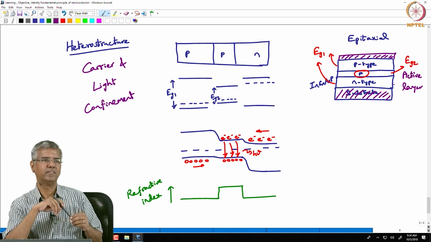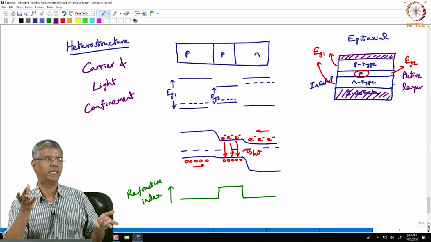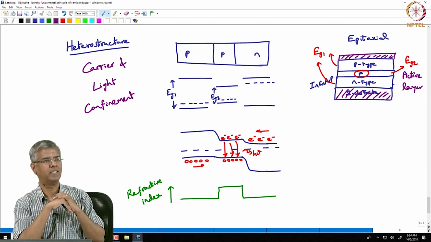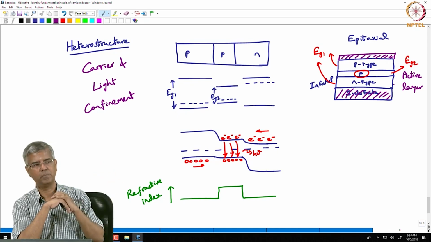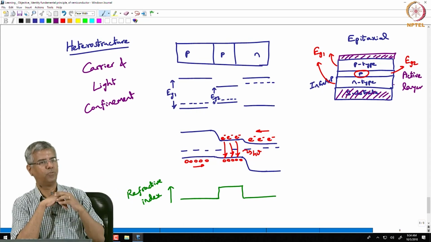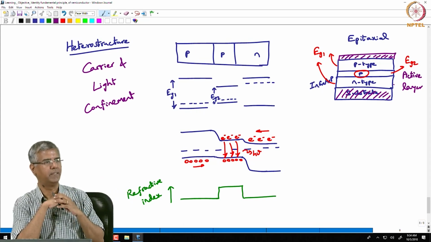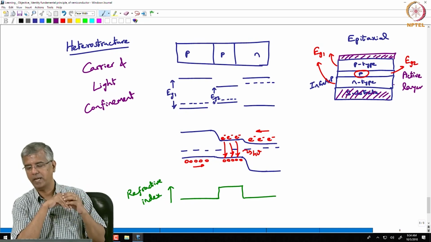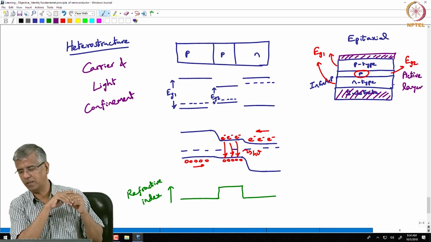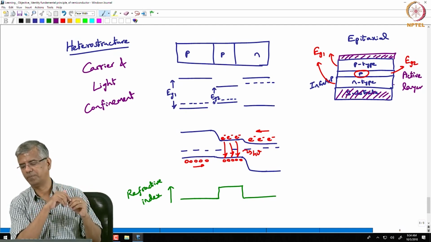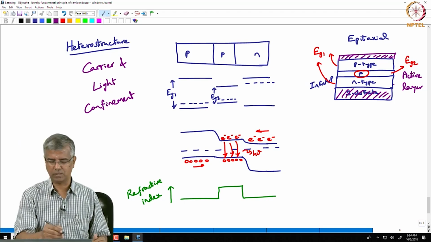So you have the possibility of stimulated emission happening, because you have this carrier density, the electrons in the conduction band and holes in the valence band, and you have photons that are also guided in that region. So you have a possibility of stimulated emission happens, and that is exactly the principle that we will use in lasers, where on either ends of the structure.